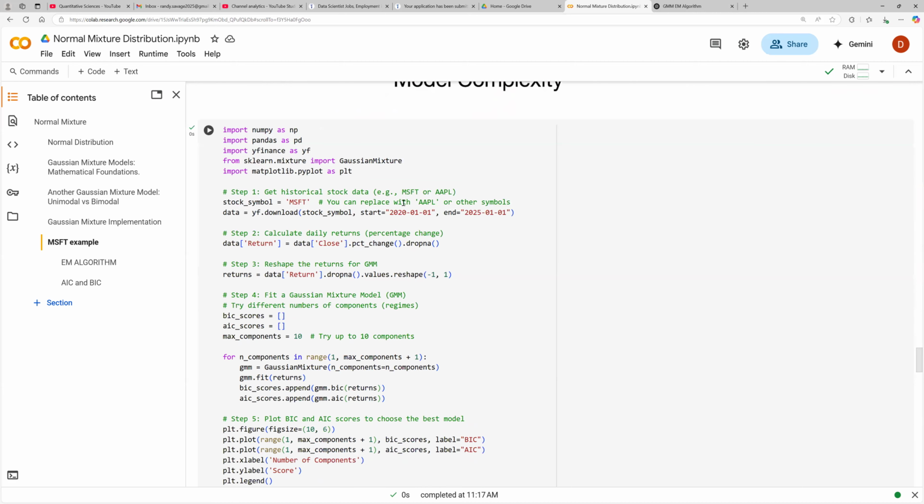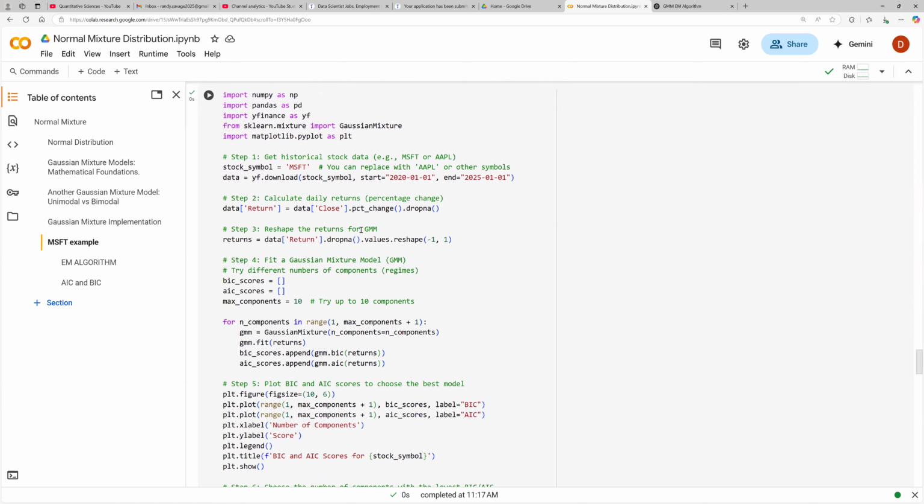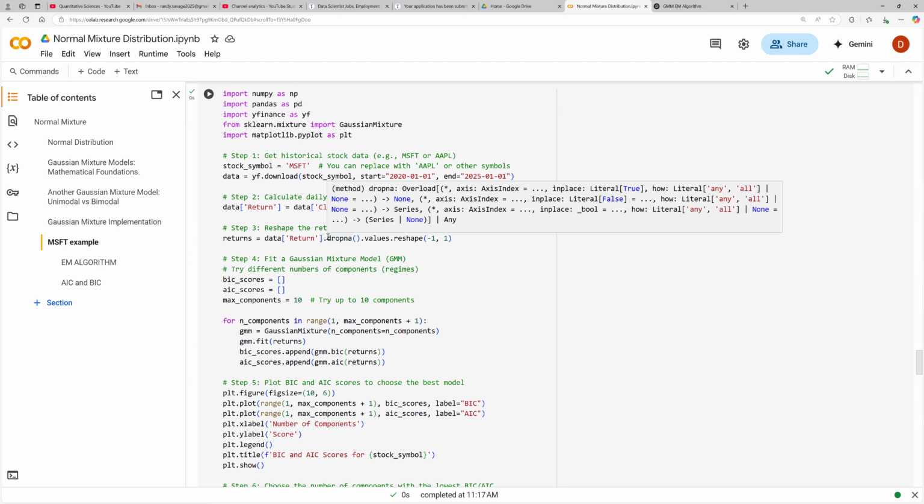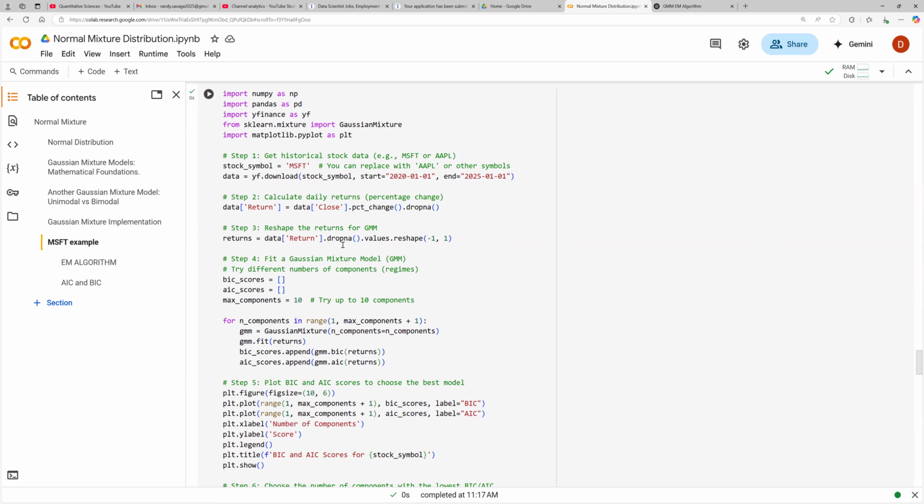To give you a quick overview of the code, I download Microsoft, calculate its returns, drop the missing values and reshape it for the mixture model, as we all know we have to reshape it so scikit-learn can take that particular format.